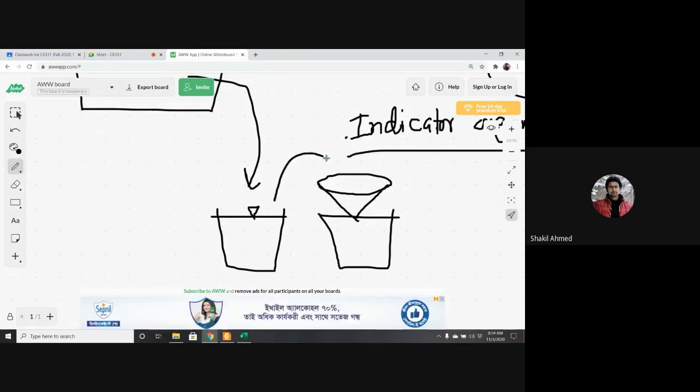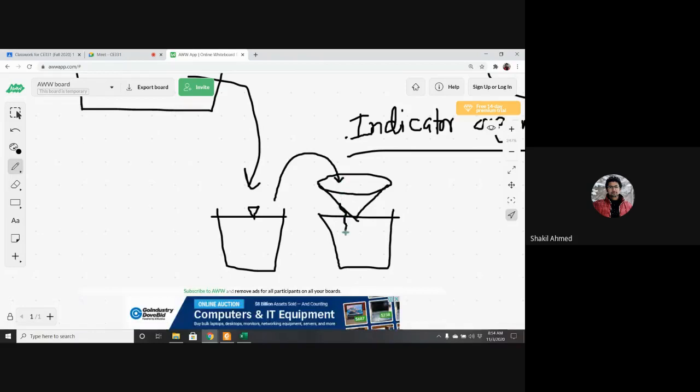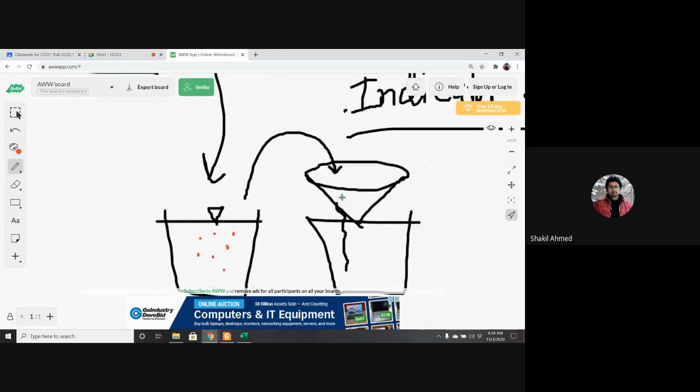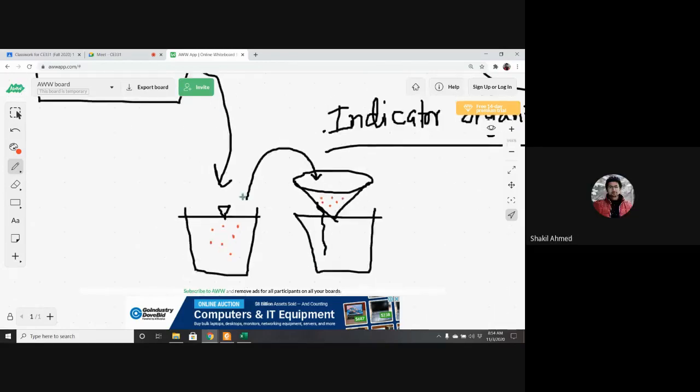So when you pour this water here, what would happen? The water will pass through, but what would happen if there is bacteria? The bacteria cannot pass through the filter. The bacteria will stick here. Is it clear? Yes, sir.